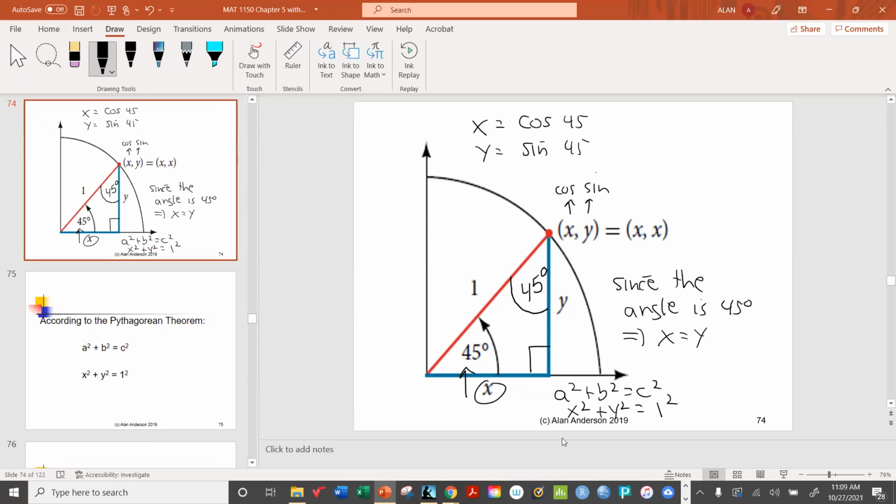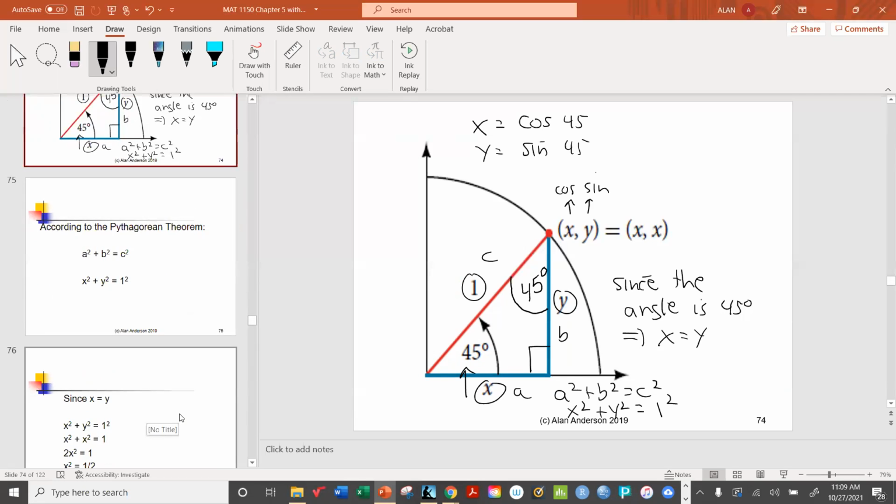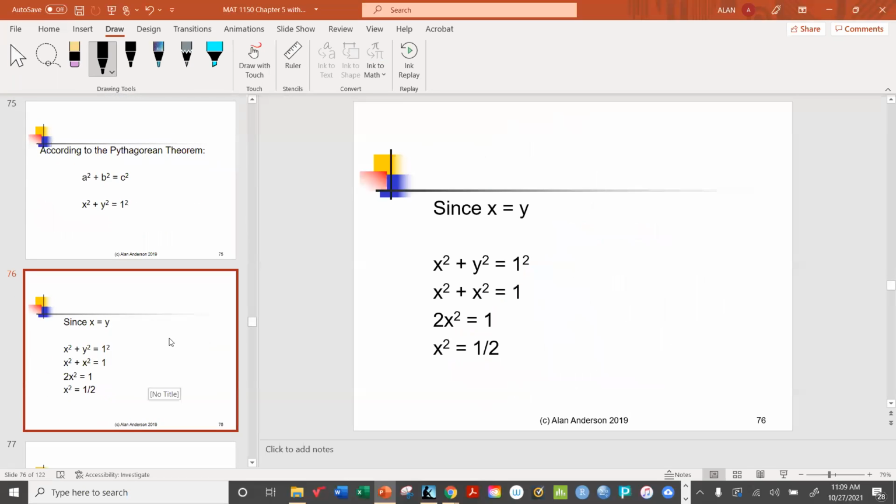This could be thought of as side A, this as side B, and 1 is the hypotenuse, C. So we know two things: x squared plus y squared equals 1, and x equals y. So we actually have two simultaneous equations that we can solve now.